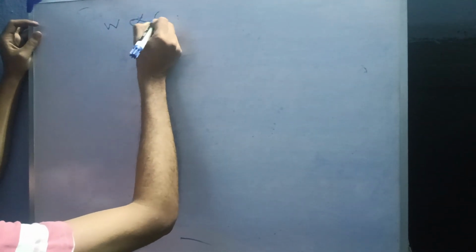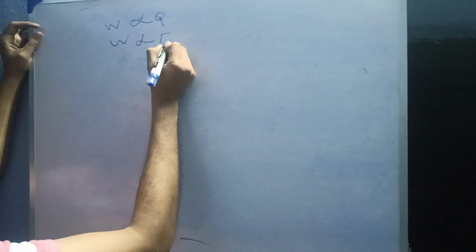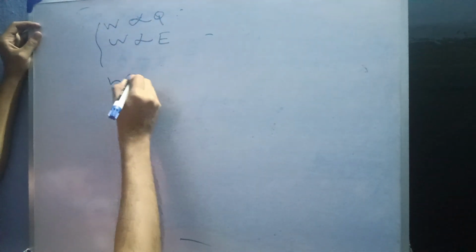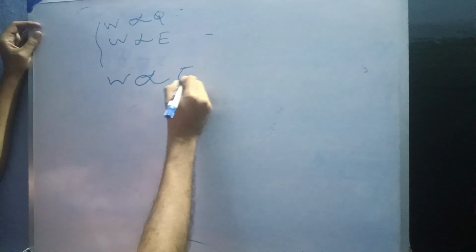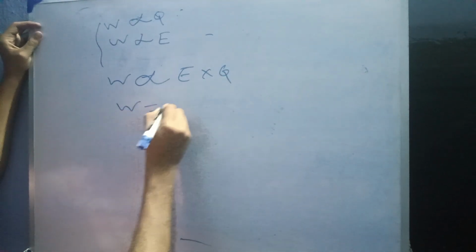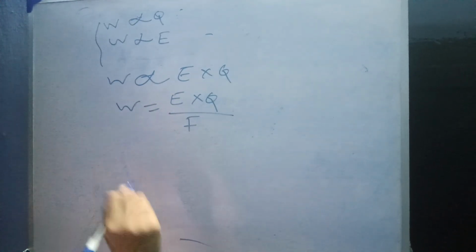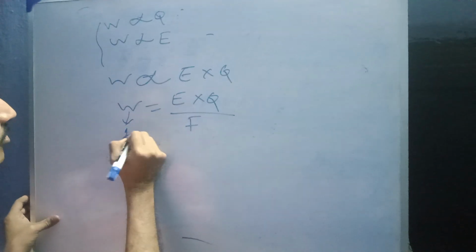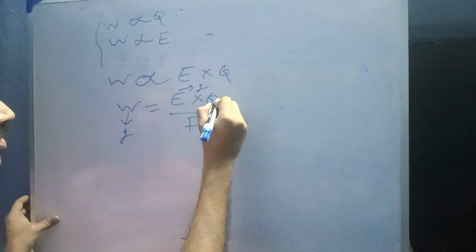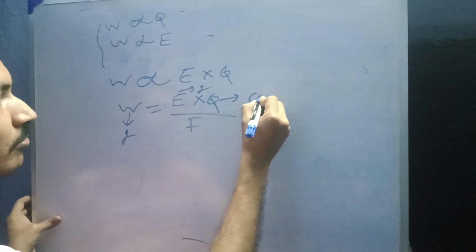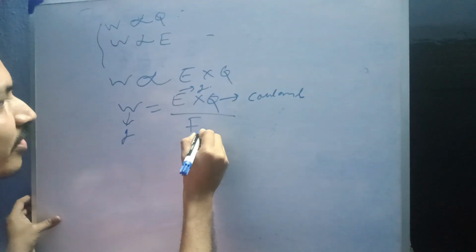So today we have learned that W is proportional to Q from the first law, and W is proportional to E from Faraday's second law, and in common form W is proportional to E into Q, where W is equal to E into Q by F. Here this 1 by F is the proportionality constant, where W is in gram, E in gram, Q in coulomb, F is Faraday.